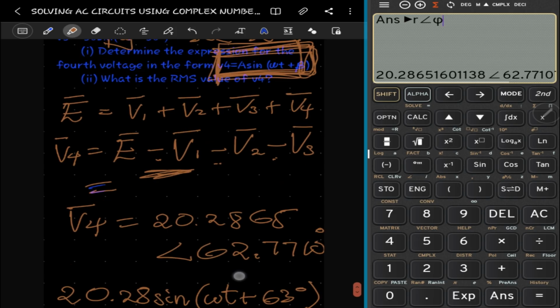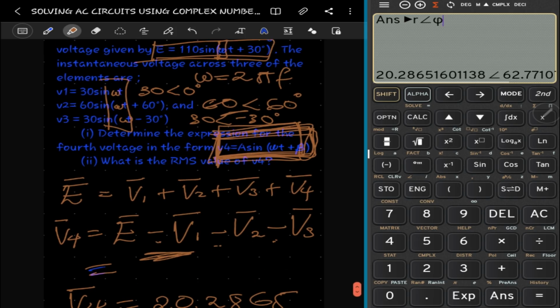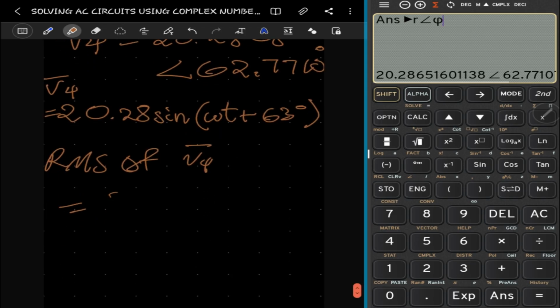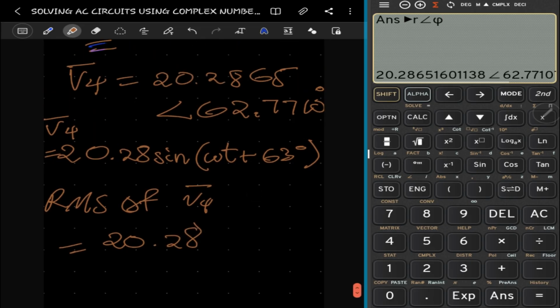The next thing to do is for us to find the RMS, because for sinusoidal quantities, the RMS is simple. So this is basically the V4. The RMS of this V4 that we are finding will be equal to the peak value, which is 20.2865, all over square root of 2.